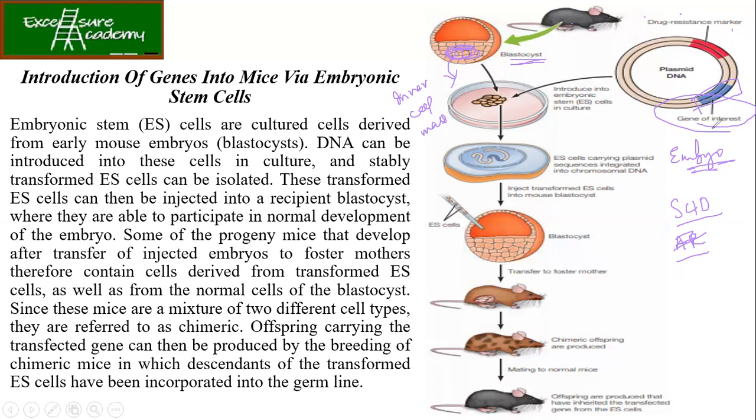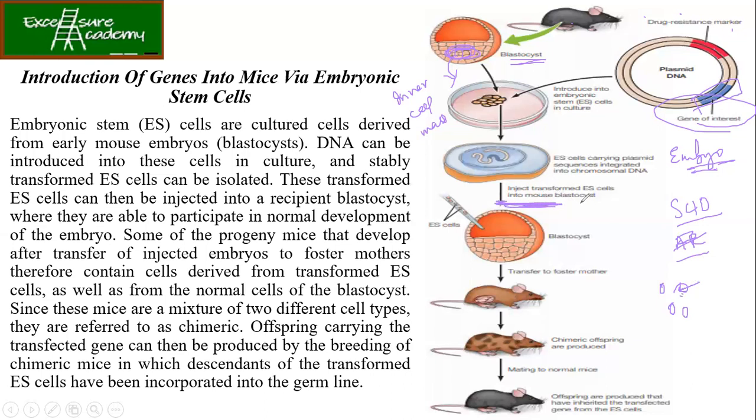So you're going to insert this plasmid into the cells. The sequences in the embryonic stem cells carrying the plasmid get integrated into the chromosomal DNA. So the inner cell mass is there, and your gene of interest gets incorporated into the chromosomes of your embryonic stem cells. Only cells which have this gene and the marker will survive in the drug-containing media. Is this much clear?